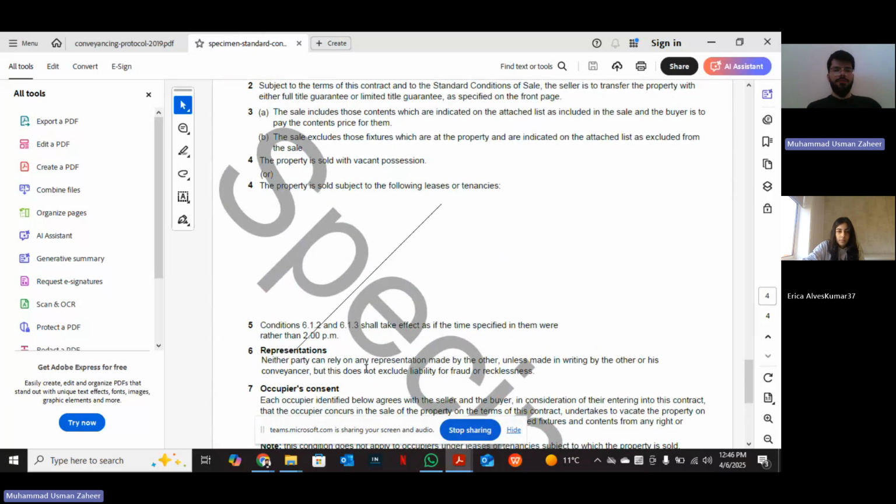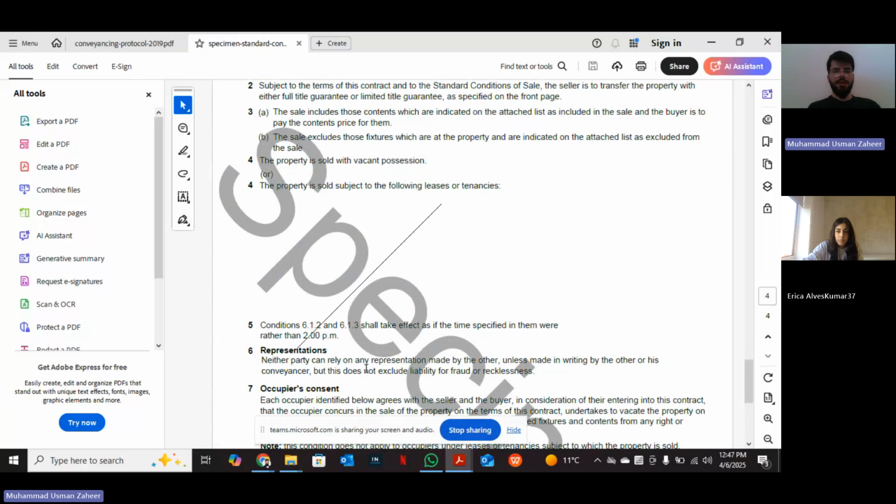But if the buyer's solicitors say that we need this tenancy to be finished, we need the tenants to be evicted, you are bound to evict the tenants. Because if you do not, or if your client does not, you're at a stalemate, or an impasse, where the transaction can fall through.